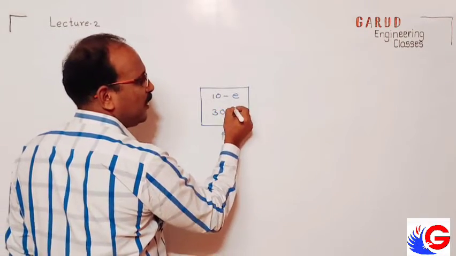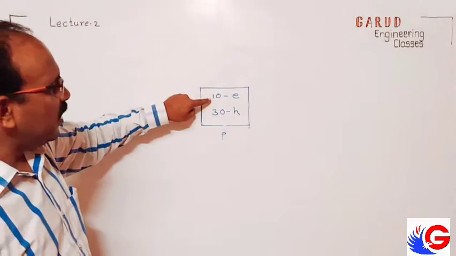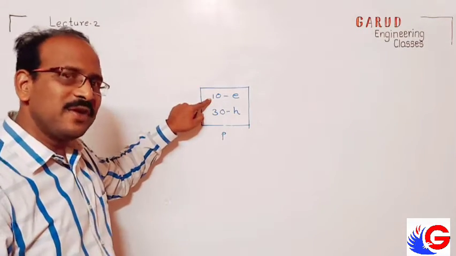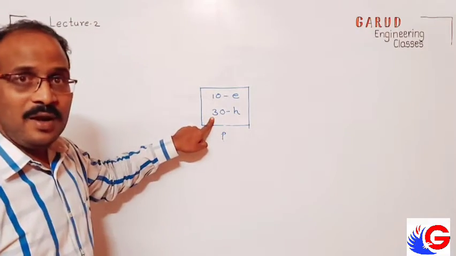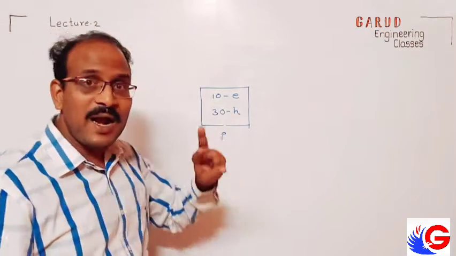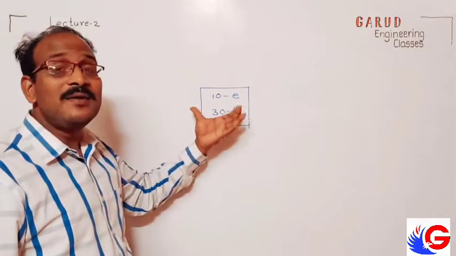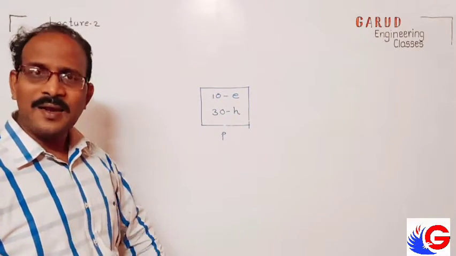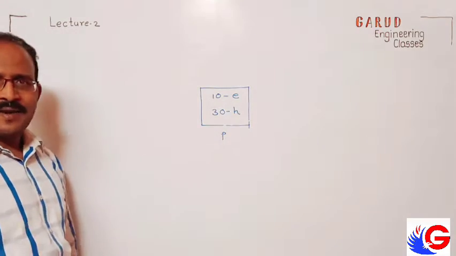So the total will be 30 holes. Got this? 10 electrons because of temperature. Similarly, there will be 10 holes because of temperature. Now with the doping process, I am adding 20 holes into that. So what will that be? 30 holes. Okay? What type of material is it? It is P type material.